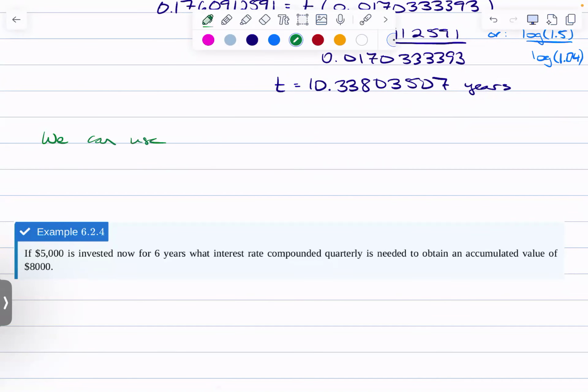We can use logs of other bases, such as log base e of x, which is the ln of x. You probably have an ln button. This is the natural log.